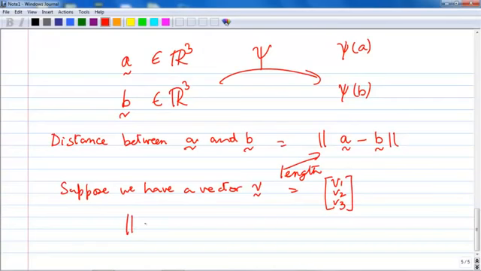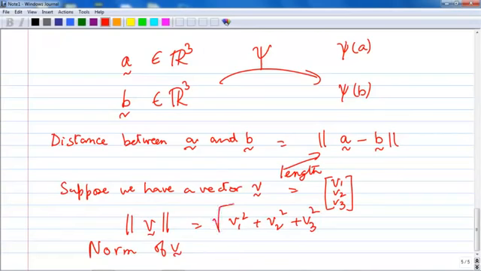Then the norm of V is given by v1 squared plus v2 squared plus v3 squared, and then you take a square root of this whole thing. So this is the notion of length, which you have studied in high school and in linear algebra classes. So what we do here is we take the difference between the vectors A and B, and then we compute the length of that difference, and that's the distance between A and B.